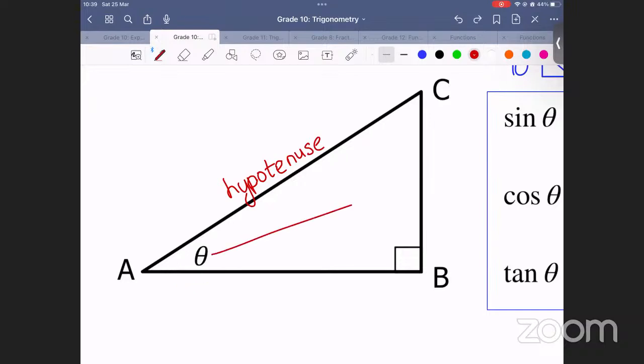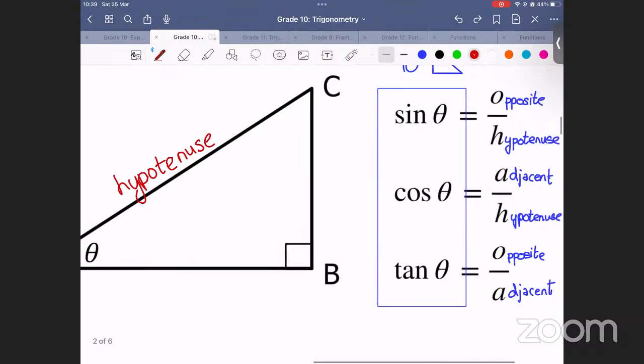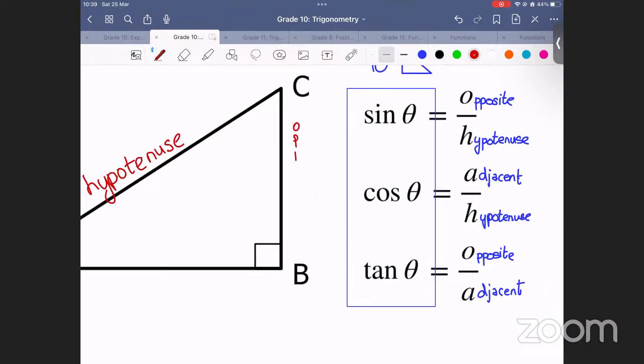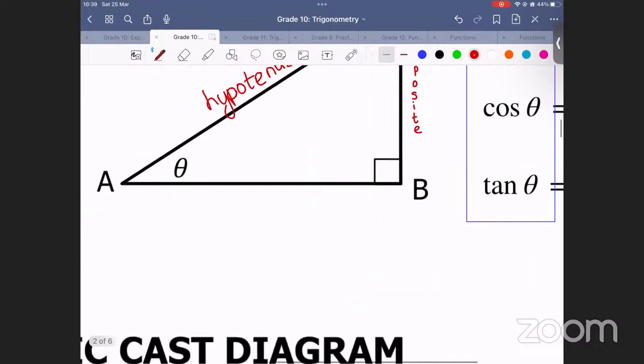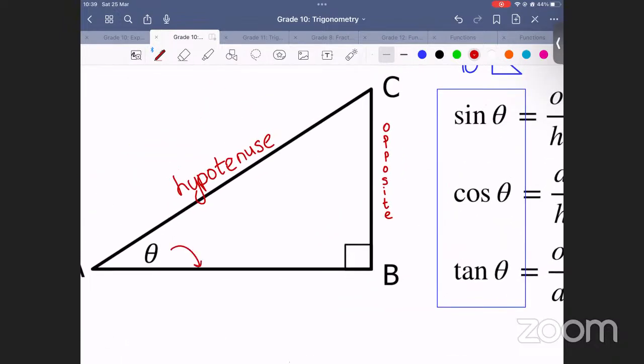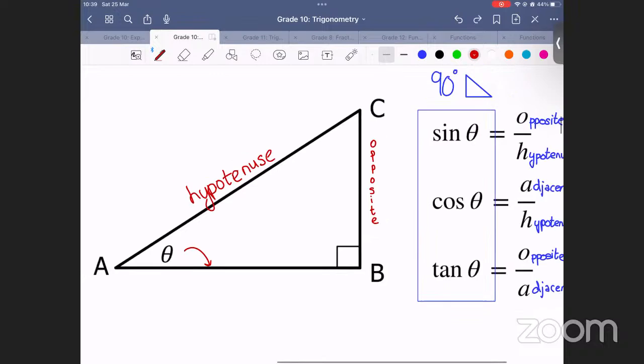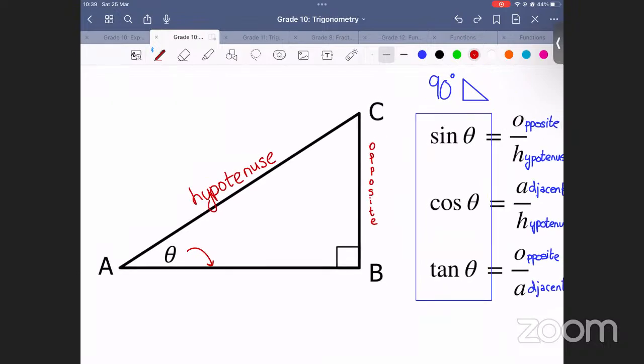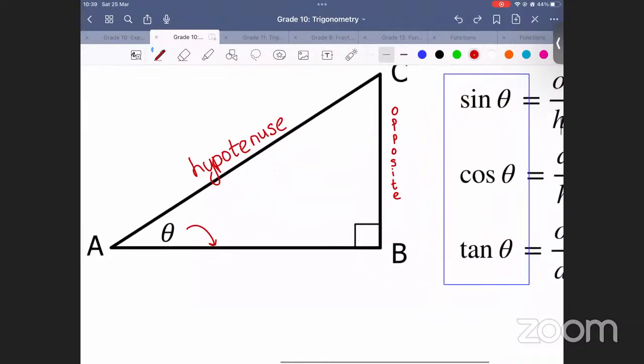The one that is opposite to theta is called, fittingly, opposite. The one that's adjacent to theta, now I know there's two adjacent to theta, but AC is opposite 90, so that naturally would be the hypotenuse. And then the other one that's adjacent, that's the one we refer to as adjacent in a 90-degree triangle.